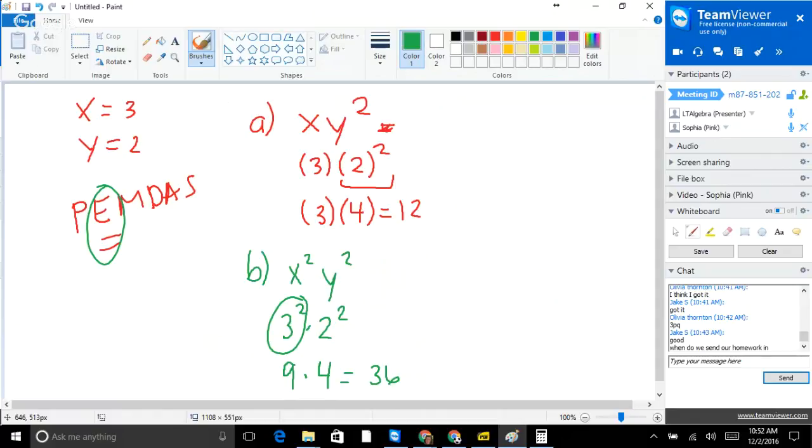Sure. So this is in 4.5, right? Four point five.